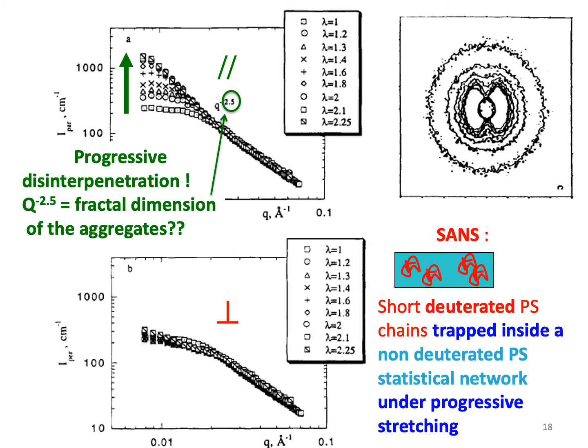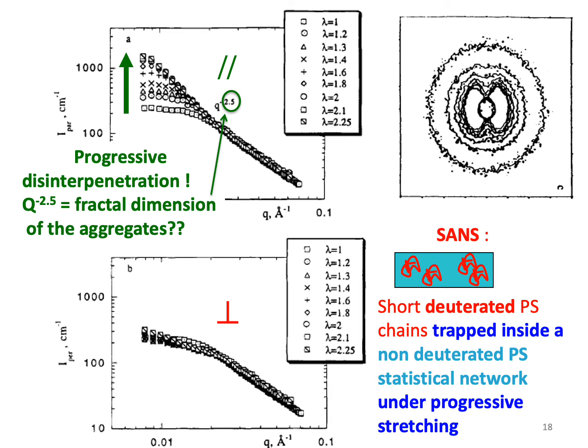Well, now I show you some results from small angle neutron scattering, which actually correspond to a vicinal case to the one of a gel swollen by a solvent. It is a gel swollen by some small deuterated chains inside a network of non-deuterated chains.